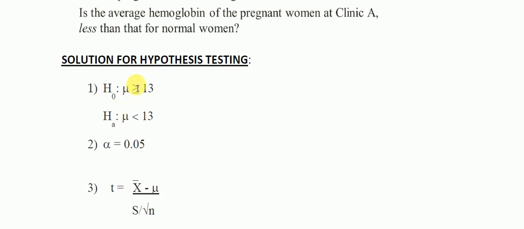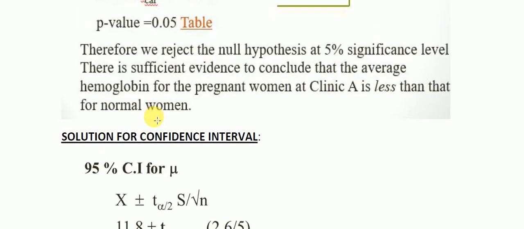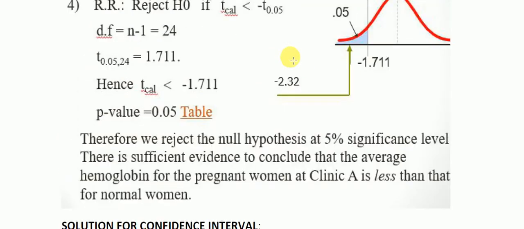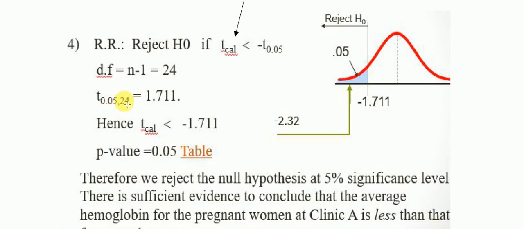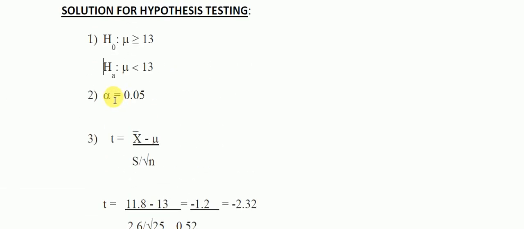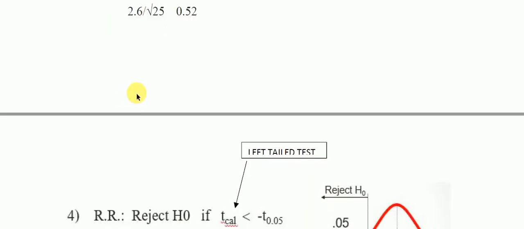The null hypothesis stated that mu is greater than or equal to 13, but since we reject this null hypothesis, this is the true situation, which means that mu is less than 13, and thus we conclude at 5% significance level. Why 5%? Because we used 0.05 or 5% as our level of significance in this case, as the alpha value. So this is how we do it.